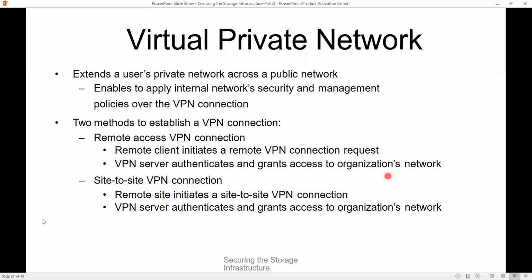On the other hand, site to site means when a remote site initiates a site to site VPN. So this was about the client initiating a VPN, and another thing is any remote site can also initiate, and the VPN server will authenticate whether that site is authorized to access that organization's network or not.